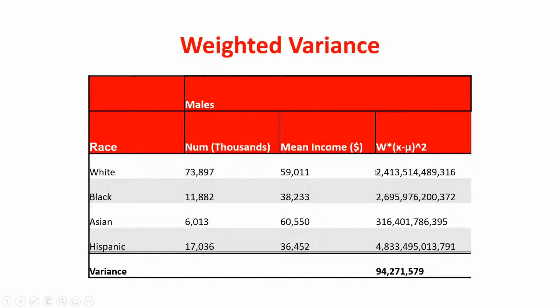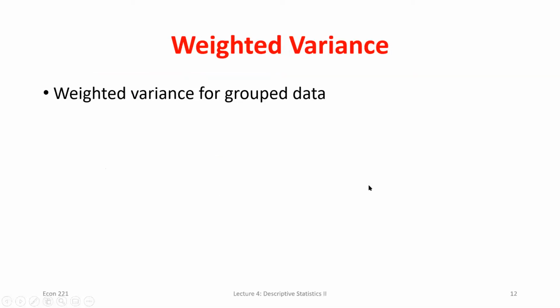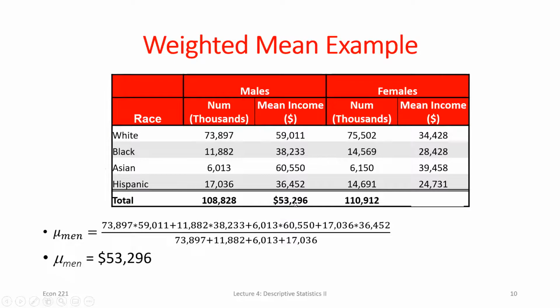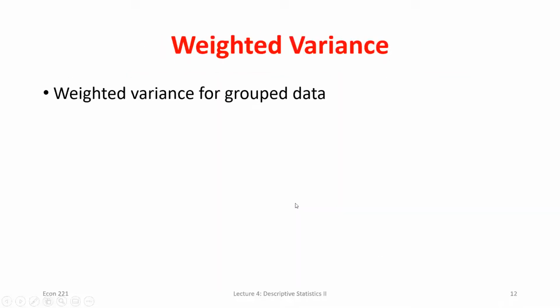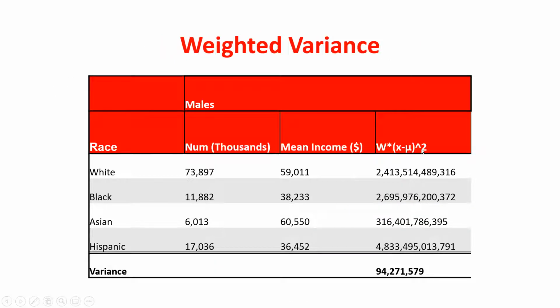So here I've got the male income data by race. All I did was take 59,000, subtract the mean we found, which was 53,000, square it, and multiply it by that group's weight.